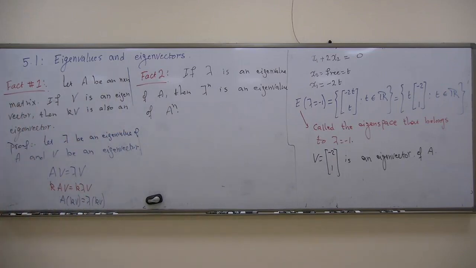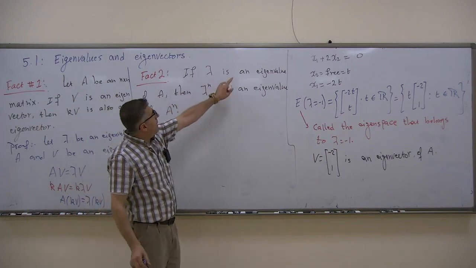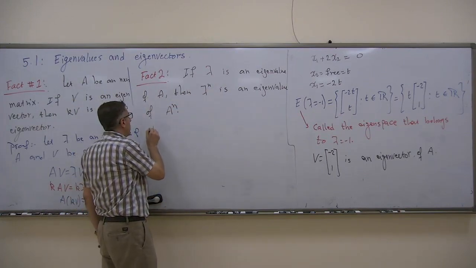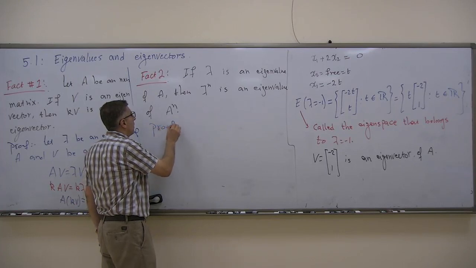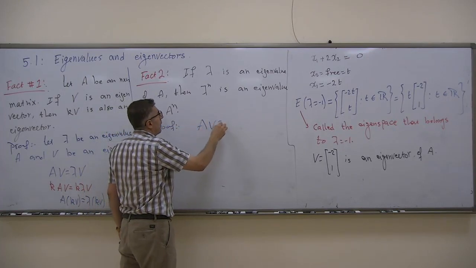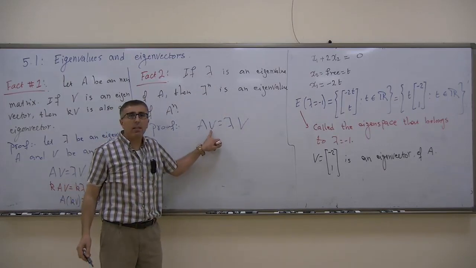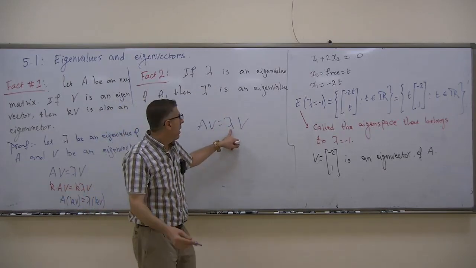Why is that? Well, let's think about it. Lambda is an eigenvalue, so you have an eigenvector, and here AV equals lambda V. So this is the eigenvalue that you have, and this is an eigenvector that belongs to this eigenvalue.